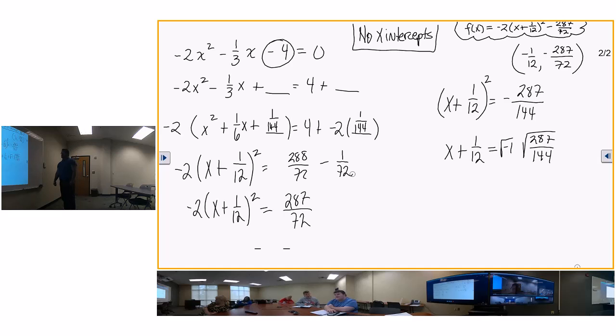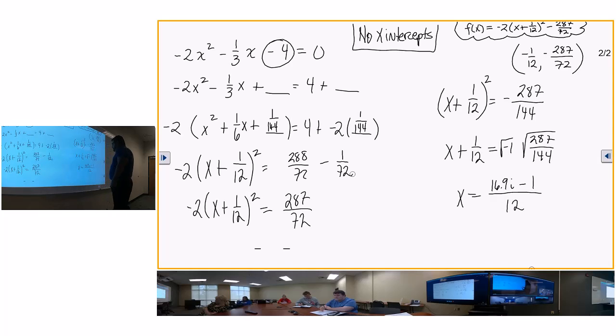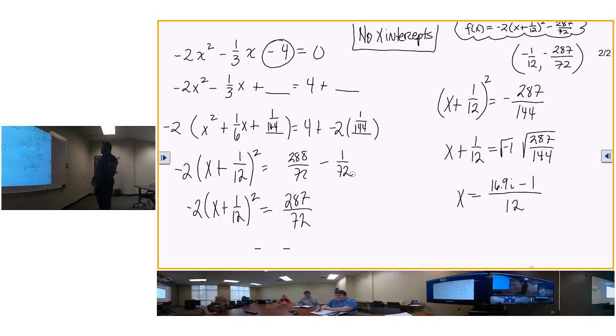So if somebody takes the square root of 287, it'd be 16.9. Yep. So that's going to be x is equal to 16.9 i minus 1 all over 12. And you could rewrite that as negative 1 plus 16.9 i.